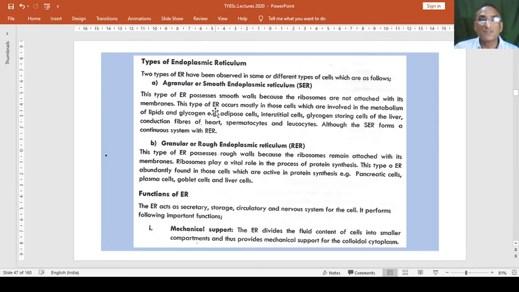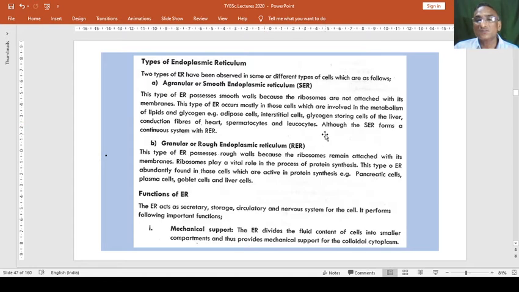This type of endoplasmic reticulum occurs mostly in those cells which are involved in the metabolism of lipids and glycogen. Examples are adipose cells, interstitial cells, glycogen storing cells of the liver, conduction fibers of the heart, spermatocytes and leukocytes, which also contain smooth endoplasmic reticulum.